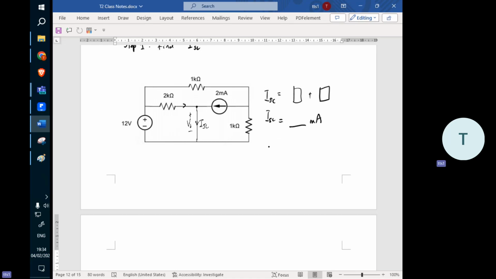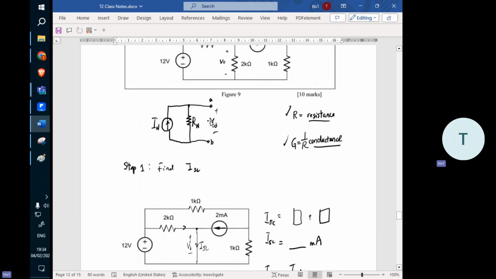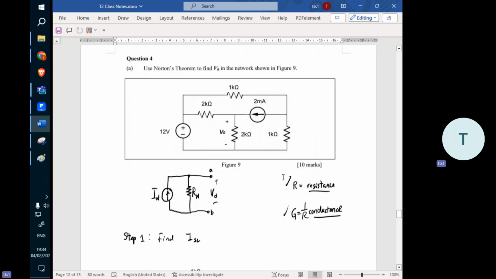This ISC is actually your Norton current. So the remaining step, of course, is to find the Norton resistance.